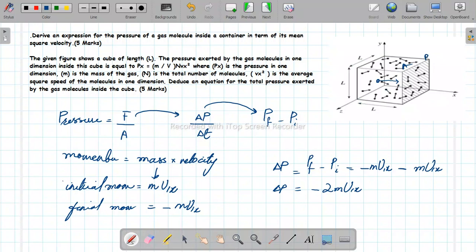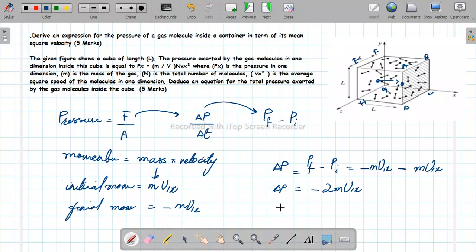Let it be A, B, C, D and E, F, G, H. Considering a molecule right here, we are to calculate this time interval, which is the time this molecule took to traverse this distance and then move back to collide with this wall of the container ABCD.